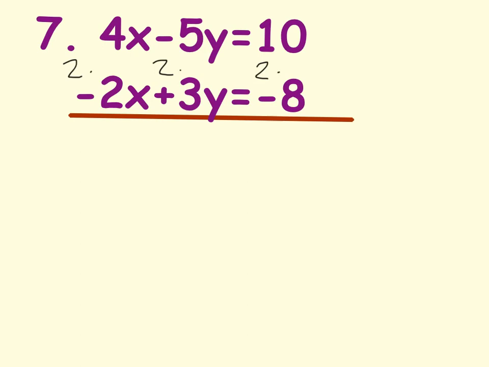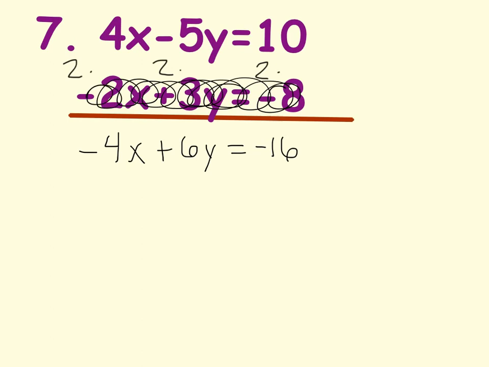So I'm going to rewrite it below. 2 times negative 2 is negative 4x. 2 times 3y is a positive 6y. 2 times negative 8 is negative 16. I no longer need this equation because I just rewrote it in a new way.